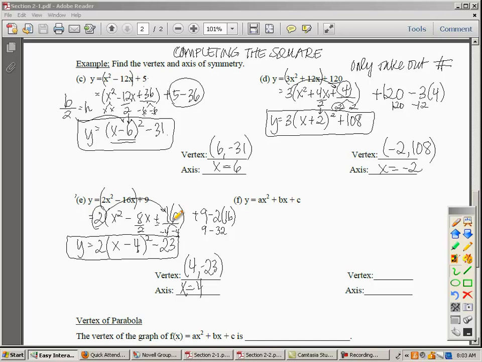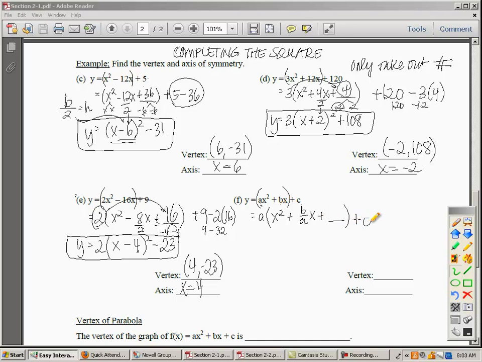So let's talk in general, shall we? I'm going to take these first two and I'm going to group them. And basically we always take that coefficient out. So I'm going to take an a out. And I'm left with x squared plus b divided by a times x. Because I had to take an a out of this, and I don't know what it is, so I just took b divided by a.